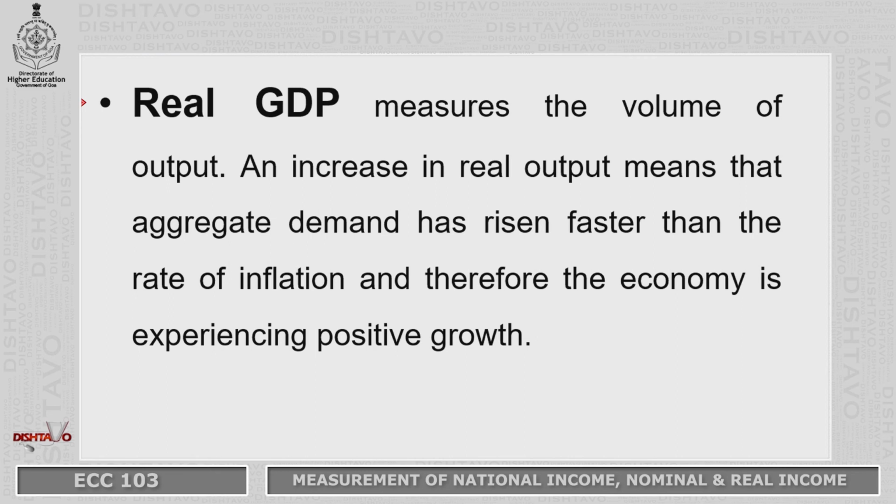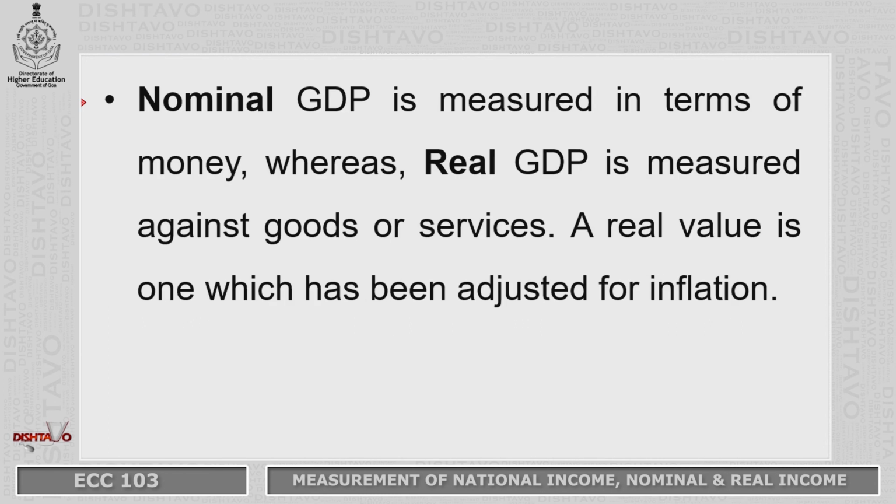An increase in the real output means that aggregate demand has risen faster than the rate of inflation. Therefore, the economy is experiencing positive growth. Nominal GDP is measured in terms of money, whereas real GDP is measured against goods or services. A real value is one which has been adjusted for inflation. So, nominal GDP, in other words, is measured at the current prices.